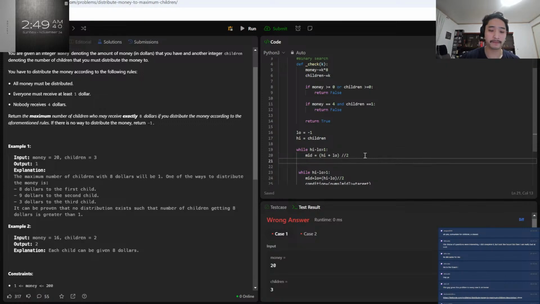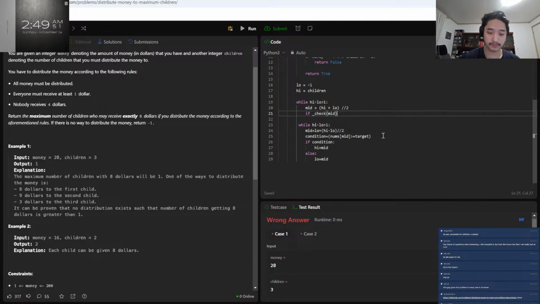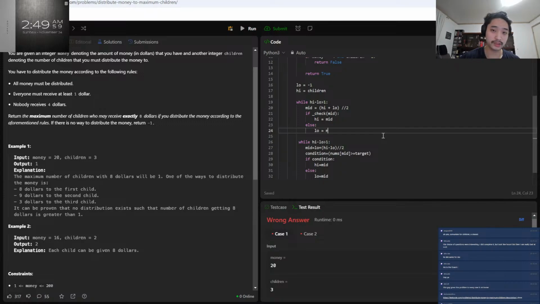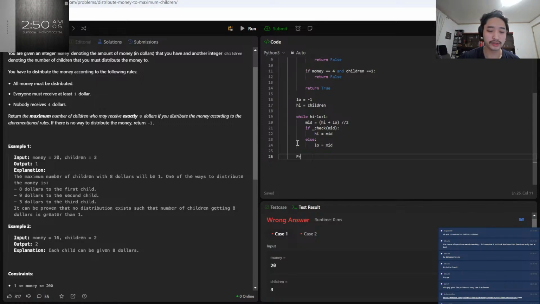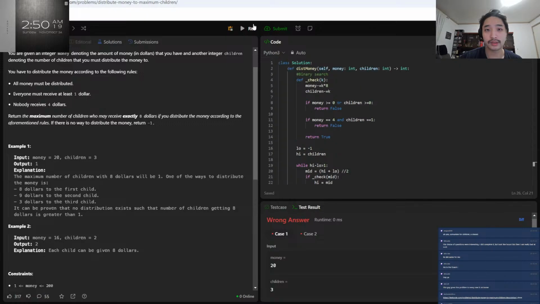And if check of mid, yeah, then high should equal mid, and it starts again, else low equals mid. And then, just out of curiosity, I want to see what happens at the end of this while loop, what is high and what is low. I would assume it's high that I want to return. Yeah, let's just do it.